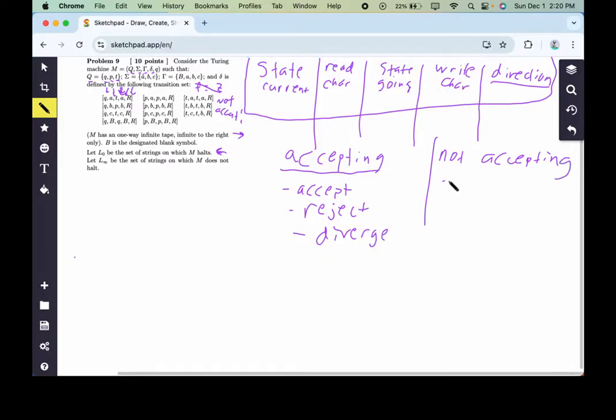If it's not accepting, you can either halt or not halt. And in this case, this is going to be kind of like rejecting.